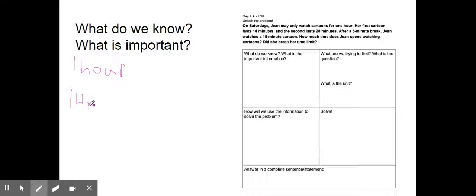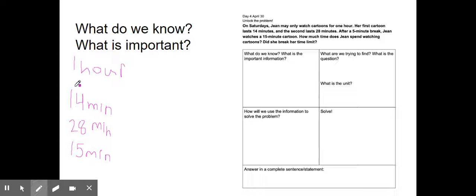Instead of writing the full word minutes, I'm going to write MIN. The second was 28 minutes. And the third cartoon she watched was 15 minutes. So those are all the cartoons she watched. I think that's important information. Now, one more thing I notice is that all the cartoons she watched are in minutes.